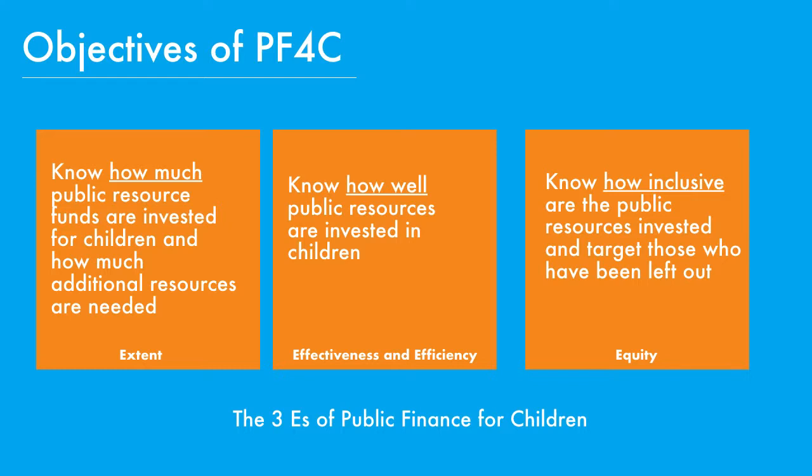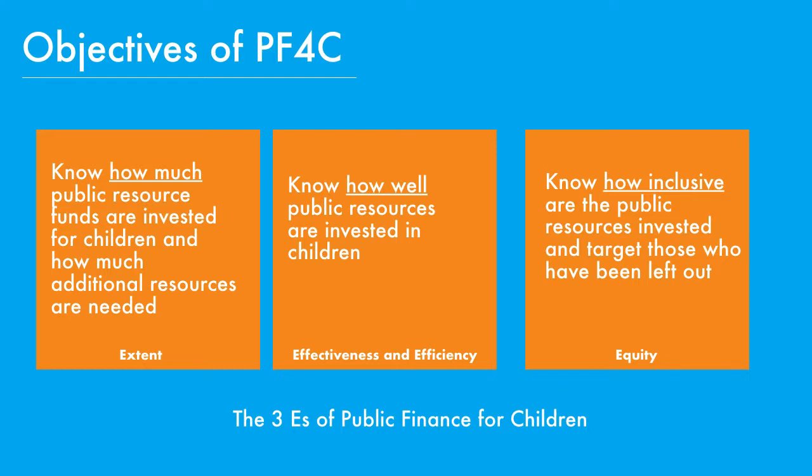Basically, it comprises three E's, or actually, I could go to four E's of public finance. The first one is the extent of resources, or in other words, simply put, how much resources does the government have which it invests for children, and how much additional resources would be needed.